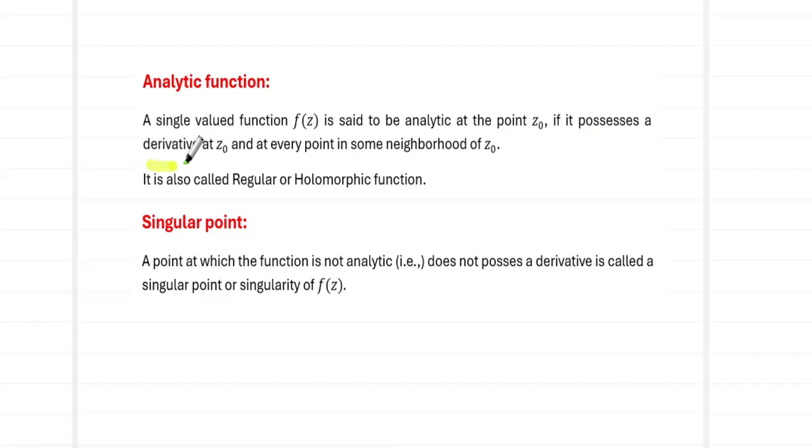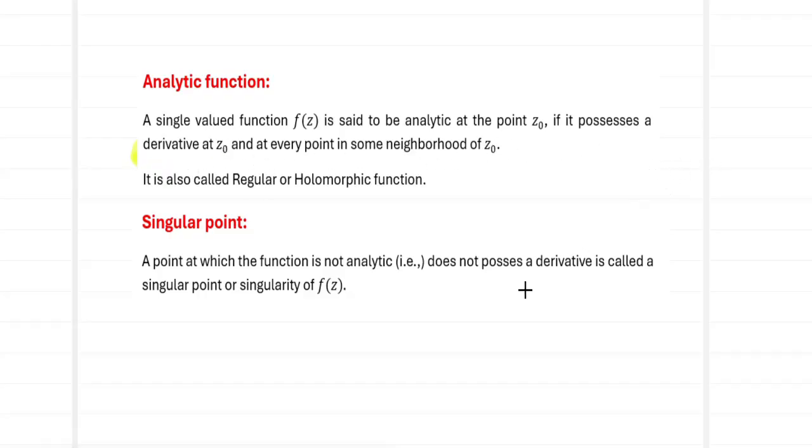A derivative. Where does it have to possess the derivative? At every point in some neighborhood of z0. If this happens, then what do you call this function? You call it an analytic function. So keep in mind, the derivative has to exist in and around some neighborhood.